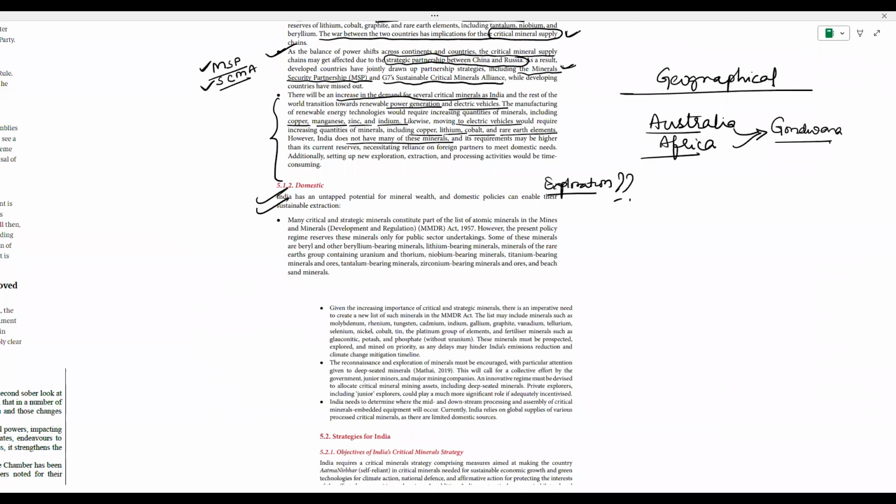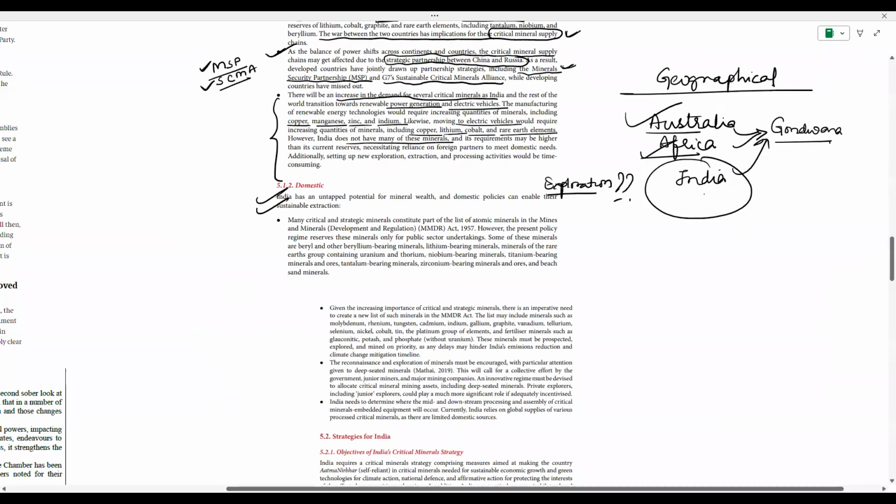Okay, guys, Gondwana. Australia is part of Gondwana, Africa is part of Gondwana, then India is also part of Gondwana. So when Australia has these minerals, Africa has these minerals, then India will also have these minerals. So what we need to do?